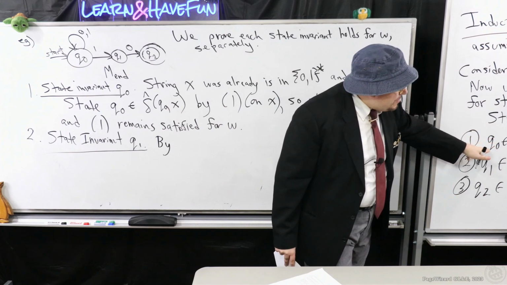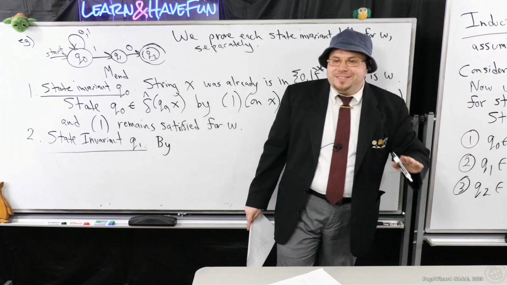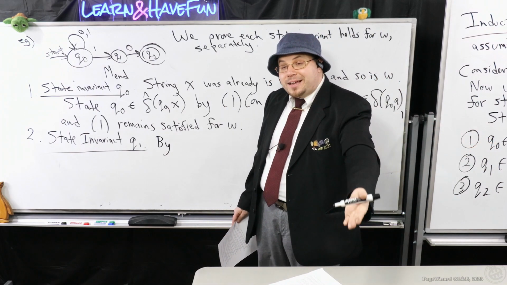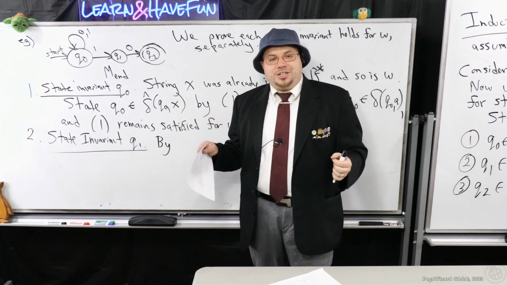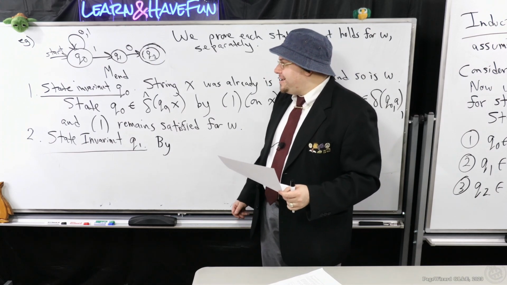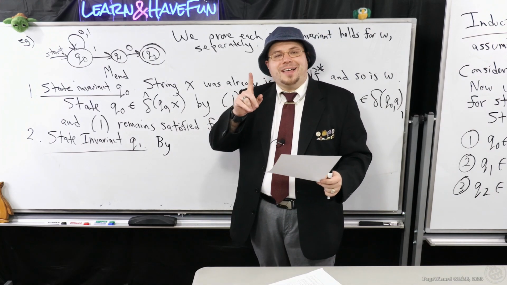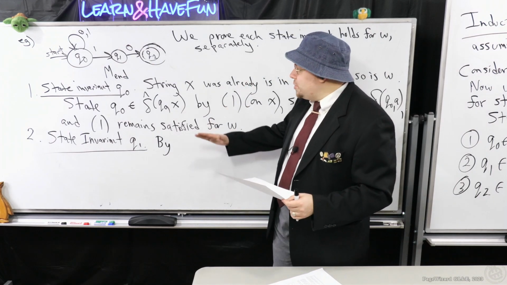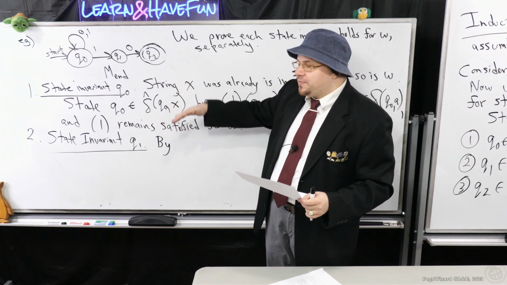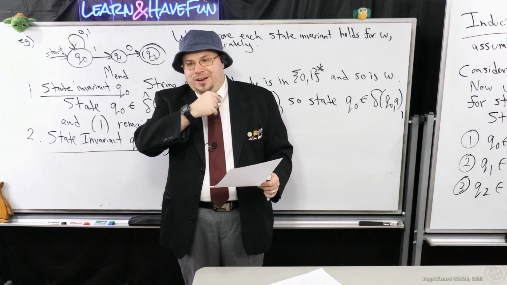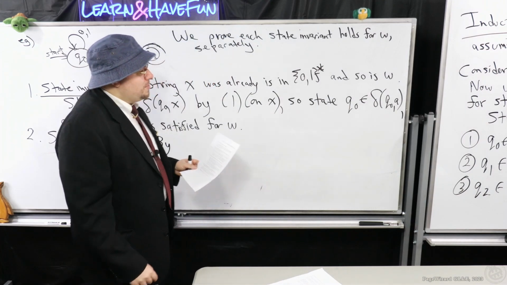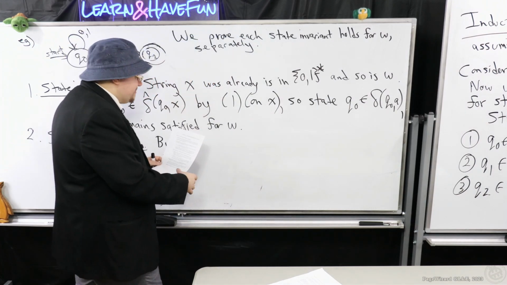But remember, Q0 is among the set of states that are active at all stages, right? So I can use that fact. To prove the second invariant, I'm going to use the first invariant from our claim, specifically on X.